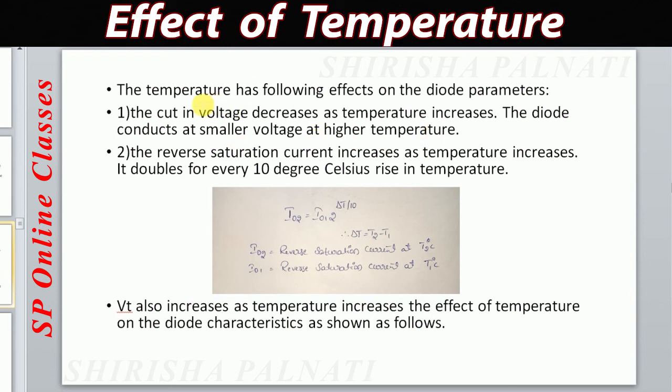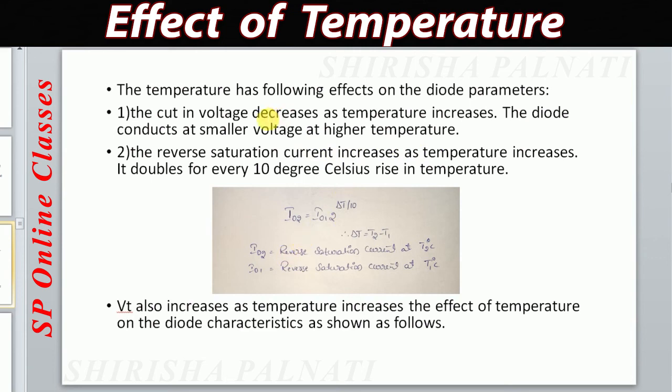If we decrease the cut-in voltage, which for silicon is already about 0.3 volts, the diode conducts at a smaller voltage at a higher temperature, because the temperature has increased.